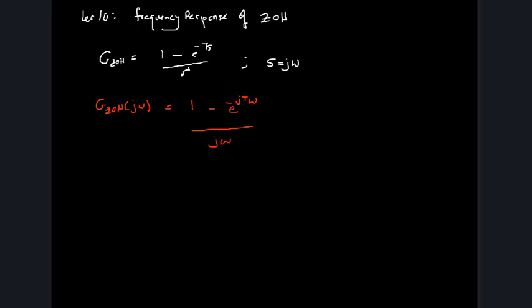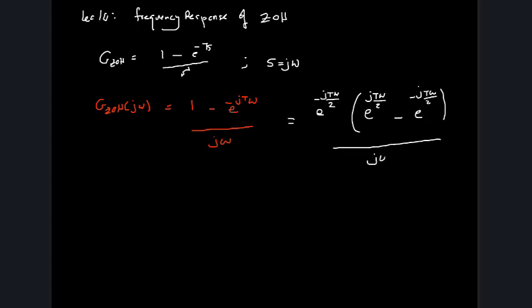Now, simply, this can be written by taking a factor of exponential of minus j T omega over 2, and then here I must multiply by exponential of j T omega over 2. So this will equal exponential of minus j T omega over 2 times (exponential of j T omega over 2 minus exponential of minus j T omega over 2) over j omega.